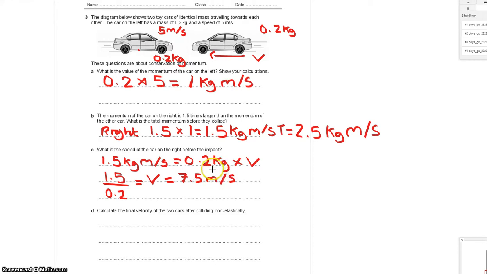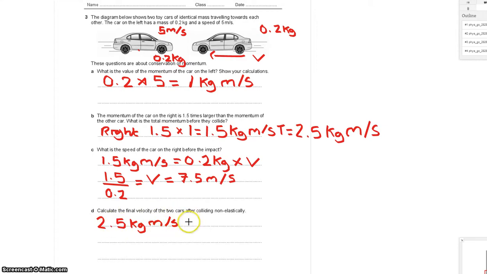Then it says, calculate the final velocity of the two cars after colliding non-elastically. Alright, so we know the total momentum of both of them here, and we know the total mass of them there as well. In order to find the final velocity of these two vehicles, all you have to do is put the 2.5 there, so 2.5 kilogram meters per second, because that's our momentum.